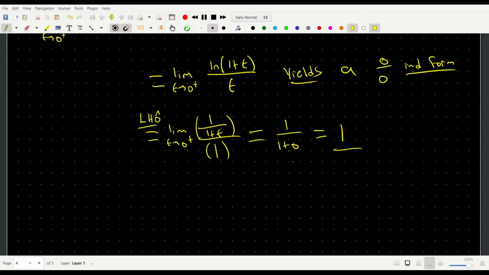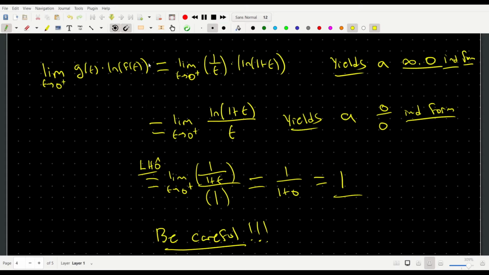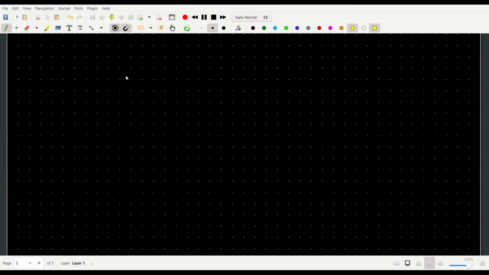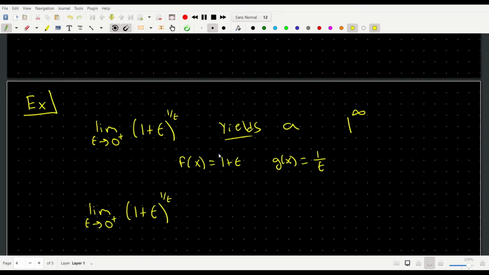Now be careful, we still need to do the final step. Don't forget that this limit that we've just calculated is the limit of g of t times natural log of f of t. The actual limit that we're looking for is e to this limit, the exponential of this limit.